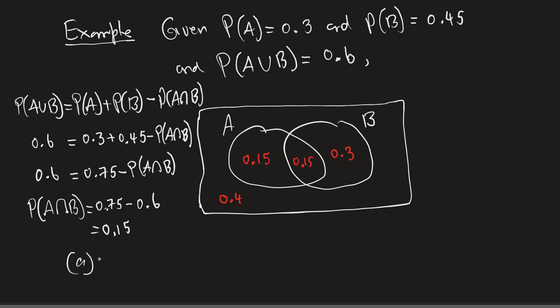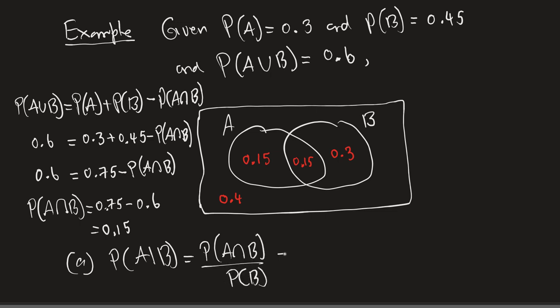So let's look at part A. Let's say we want to find the probability of A given B, right? So that's the probability of A intersect B over the probability of B. And we have all that now, based on what I wrote down here and what we filled in on the Venn diagram, we have exactly what we need.